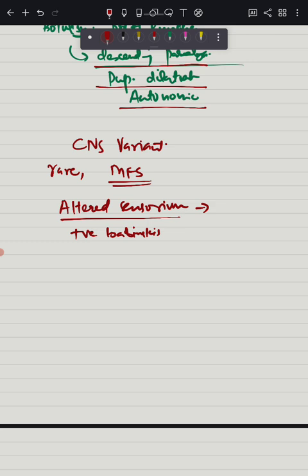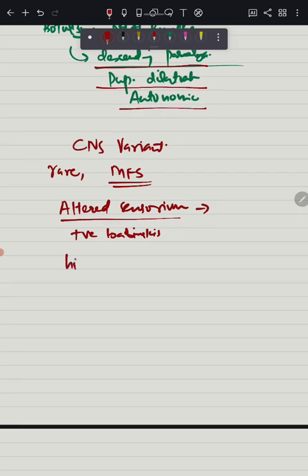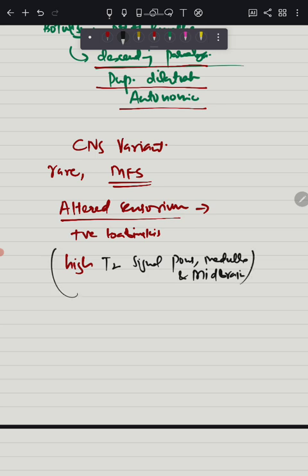An MRI brain may show high T2 signal in pons, medulla, and midbrain. And since it's closely related to Miller-Fisher syndrome, anti-GQ1B IgG is often positive here.